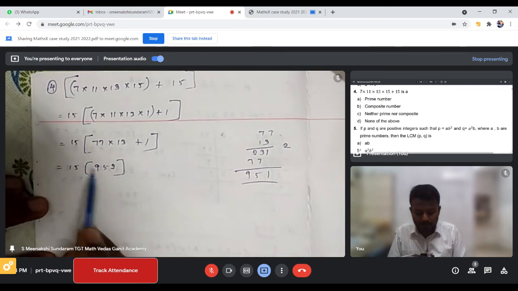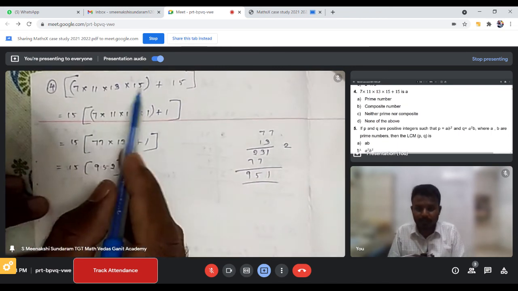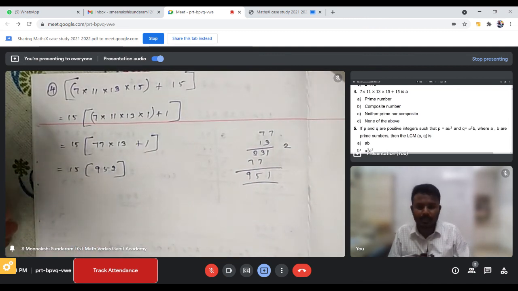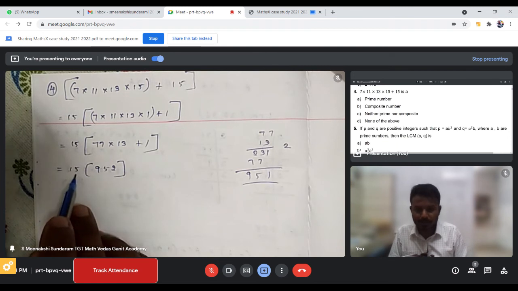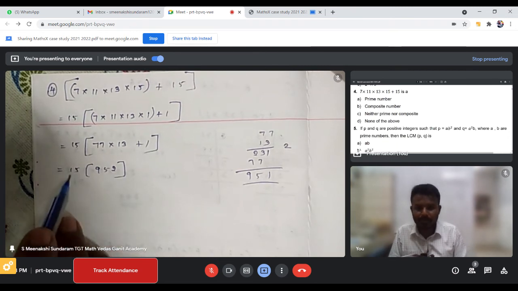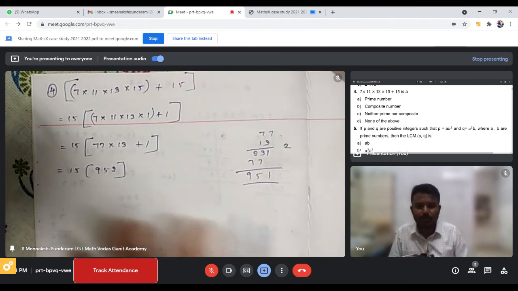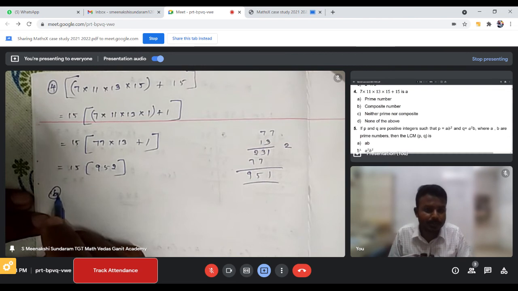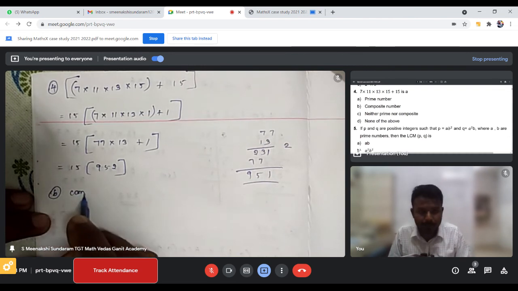Now when we simplify this number, we get 15 into 952. 952 also has some factors. So the number has factors of 15 and 952, so obviously it is not a prime number. So it is a composite number.